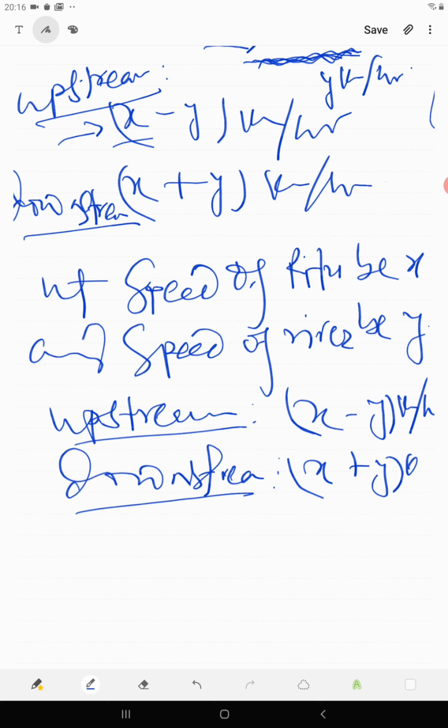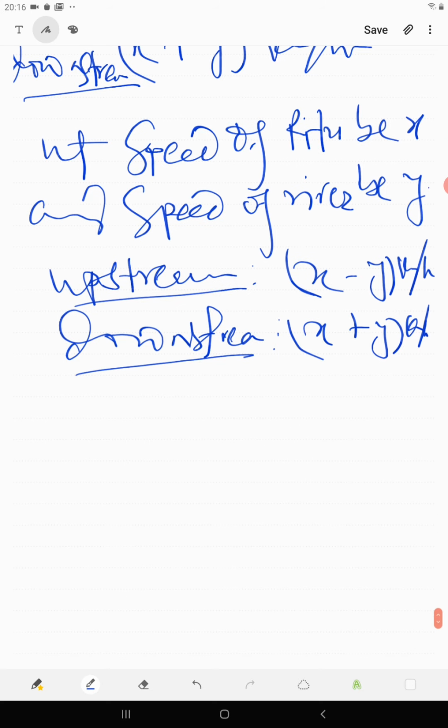Okay, now what he is telling is Ritu can row downstream 20 kilometer in 2 hours. Now what is speed? We know speed equals distance by time, correct?